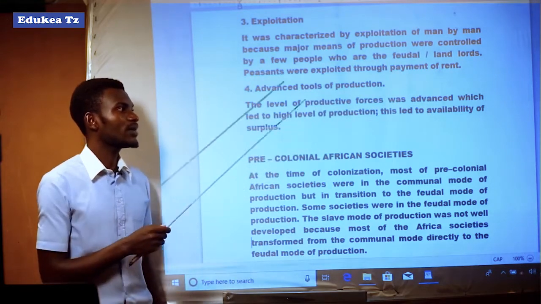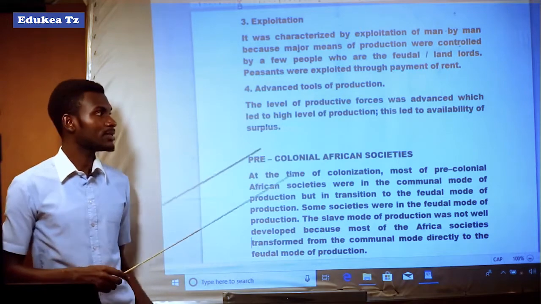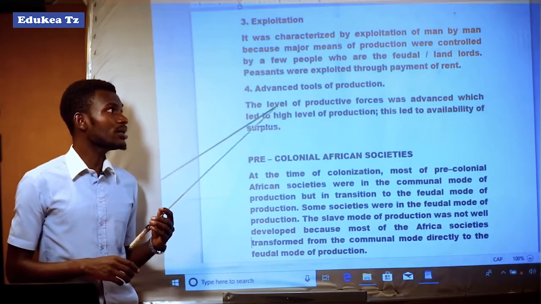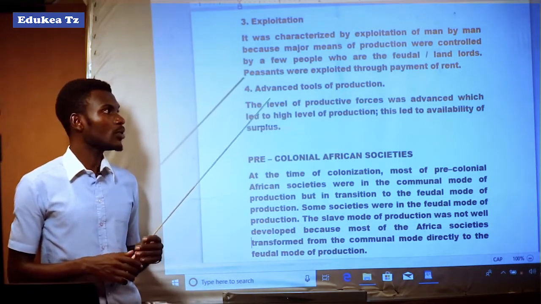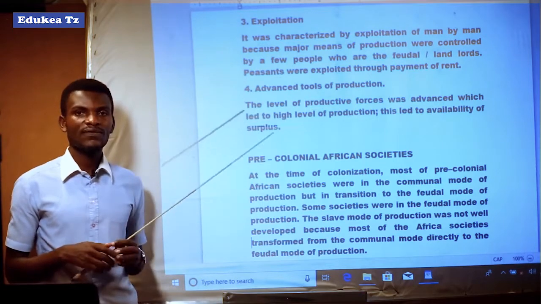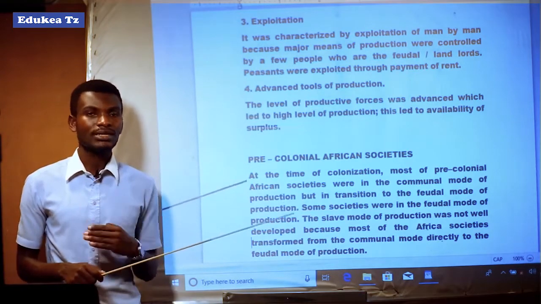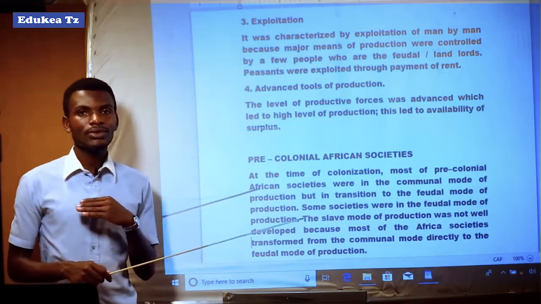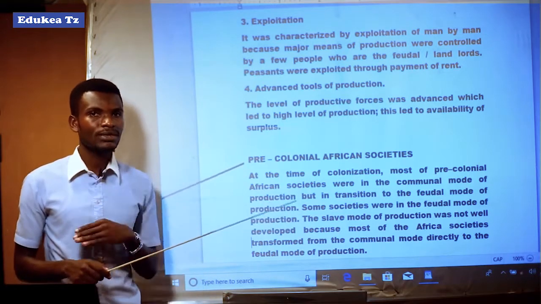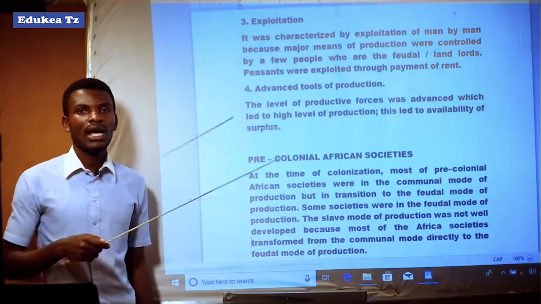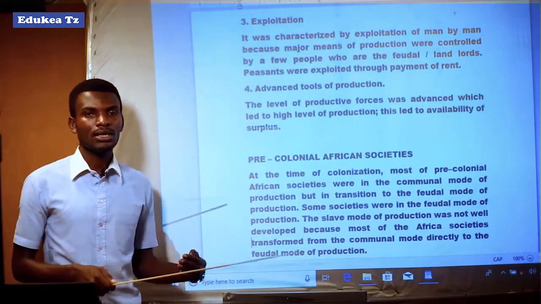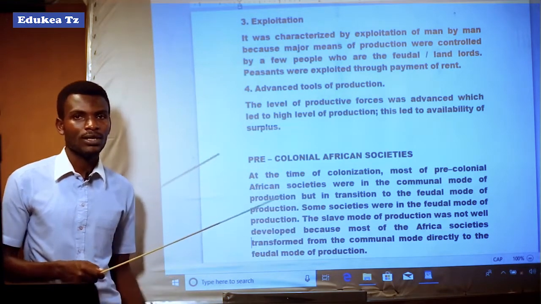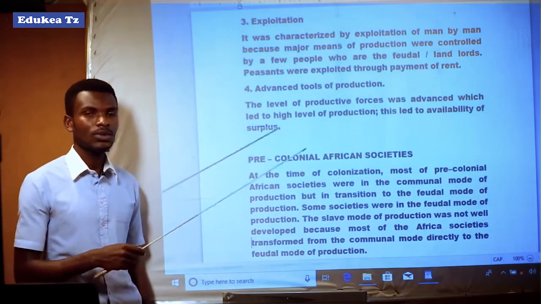This led to availability of surplus. So the advancement of productive forces increased the level of production, and the surplus was created.